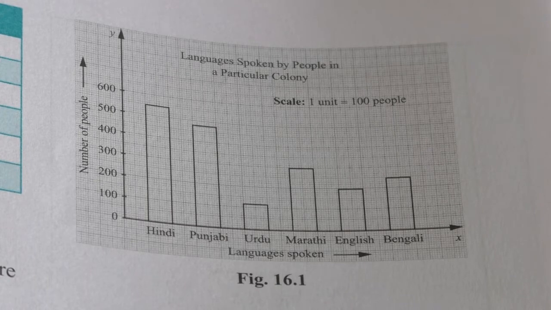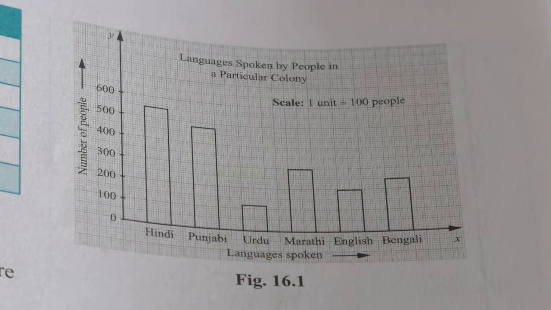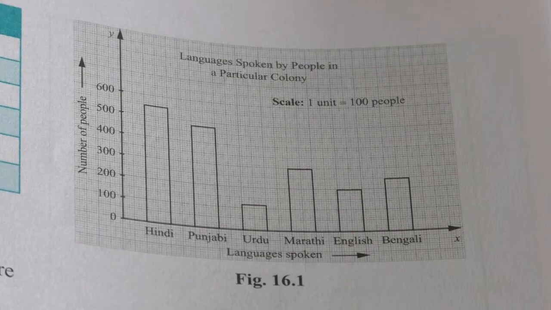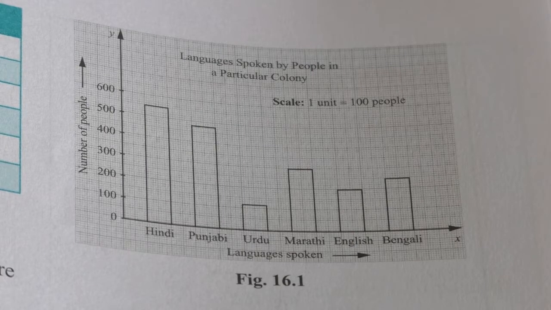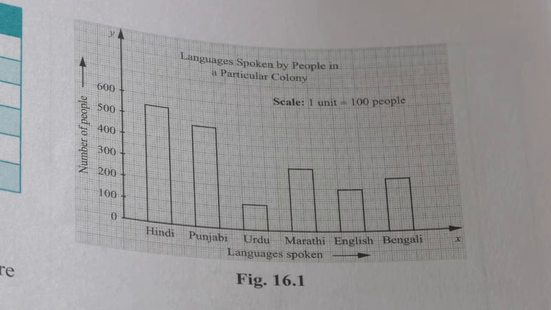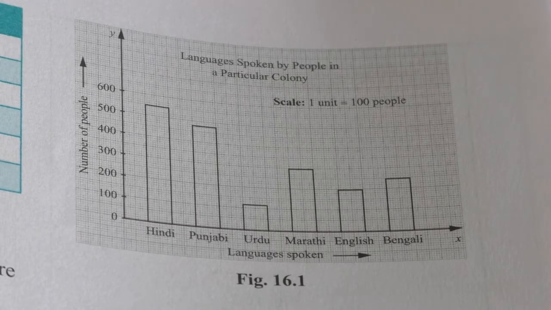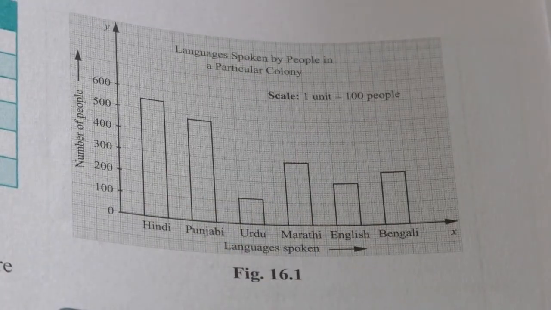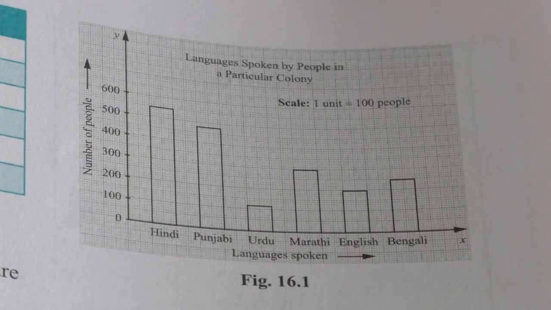The number of people who speak Hindi are given as 550, Punjabi is 460, Urdu is 120, Marathi is 300, English is 200 and Bengali is 250. So, with this given data, we can easily find the languages spoken by the people.